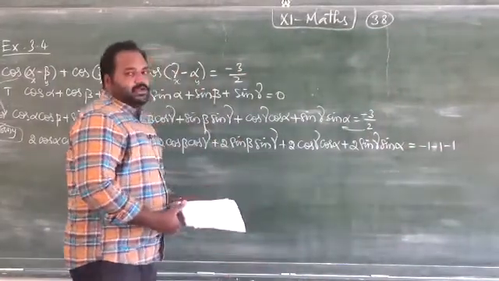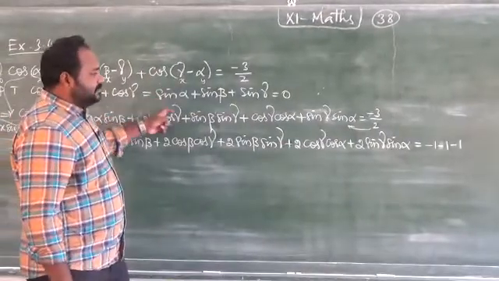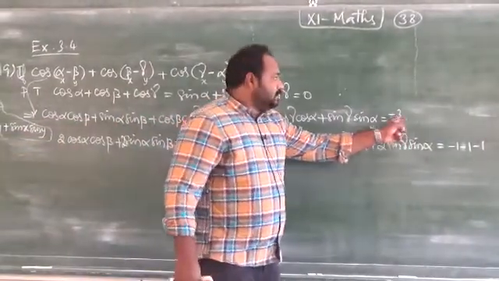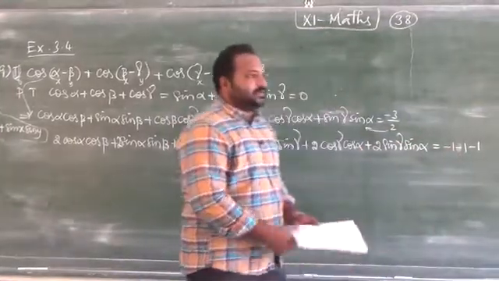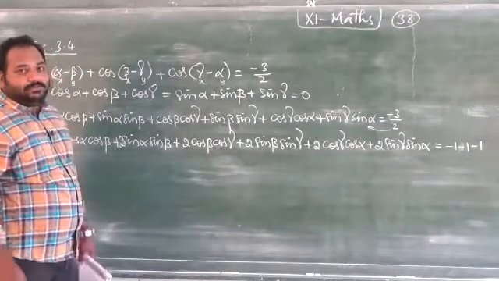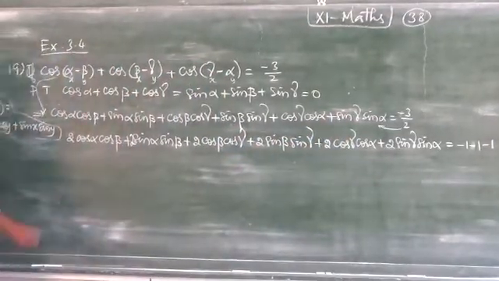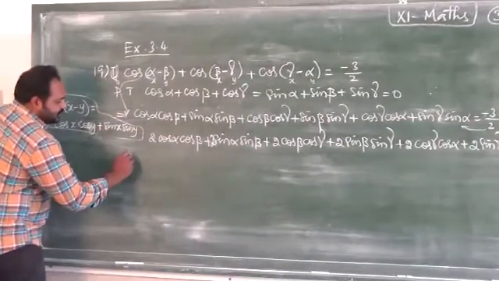So why are we doing all these things? Because we need to bring this answer. For this answer, we have to do all these things. So we have to separate minus 3 into minus 1 minus 1 minus 1. Next step, I am going to bring all the minus 1 to the left hand side. So what will happen?